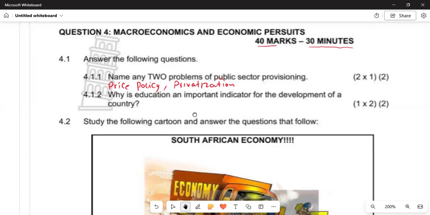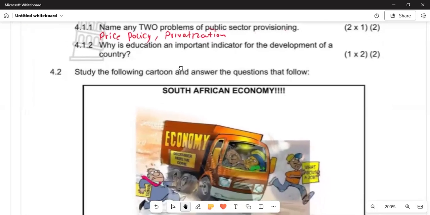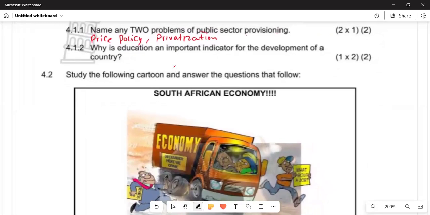So now let us move on. Why is education an important indicator for the development of a country?